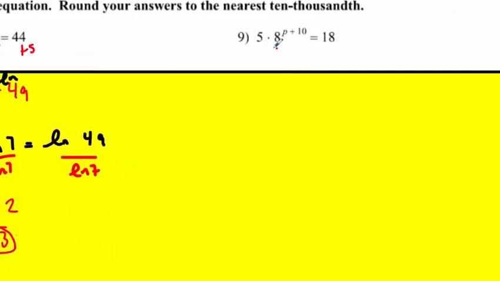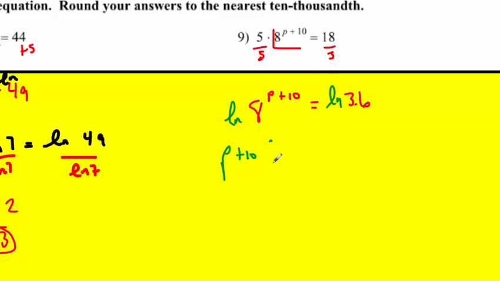All right, so for this next problem, I still want to look and see what my exponential function is. Well, my exponential function is this 8 to the p plus 10. So the 5 is not really playing a part of the exponential function. So the very first thing I want to do is divide both sides by 5. And that's going to leave me with 8 to the p plus 10 equals 3.6. Now in order to get rid of this exponential function, I need to do the natural log of both sides.